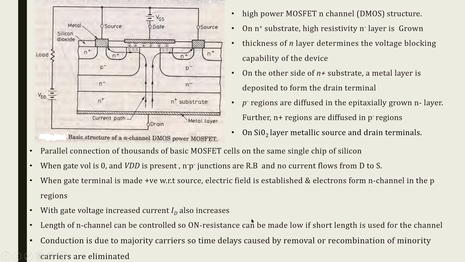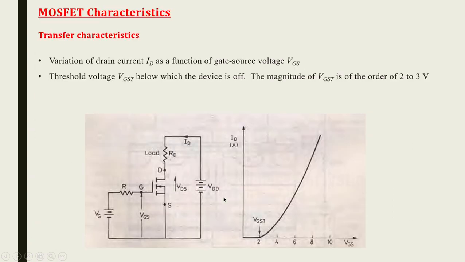So switching will be faster from on state to off state, or off state to on state. The delay time while switching is less, so it can be used in high frequency applications.